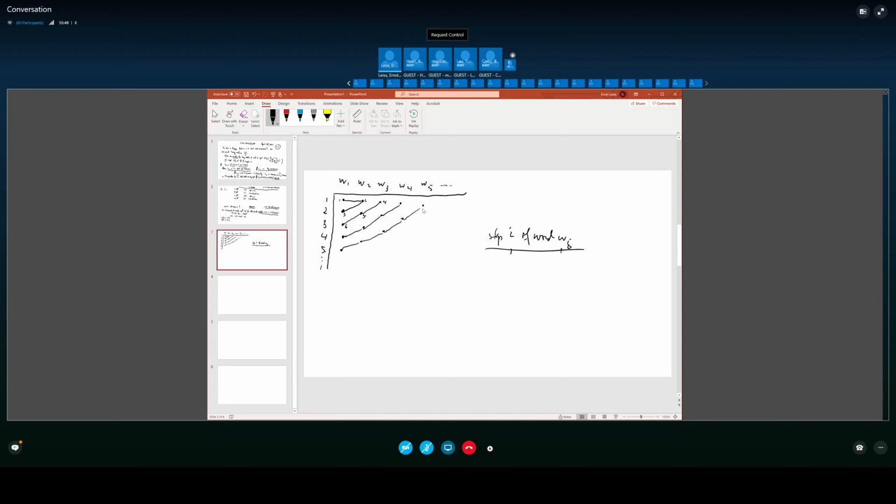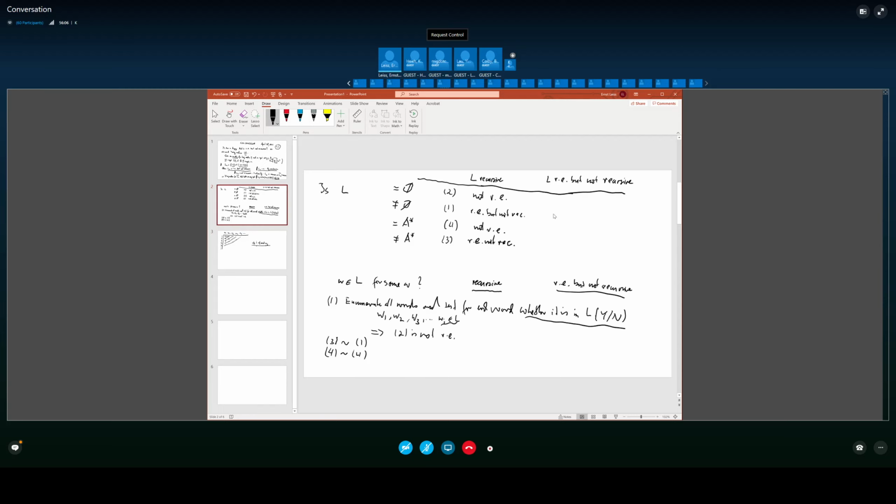This is, of course, unlimited. And eventually, if, say, W5 is in the language, then the Turing machine will halt on W5 and will say W5 is in that language, and therefore you will be able to answer this question. Is L not empty? And so what that means is this is still recursively enumerable, but obviously not recursive.